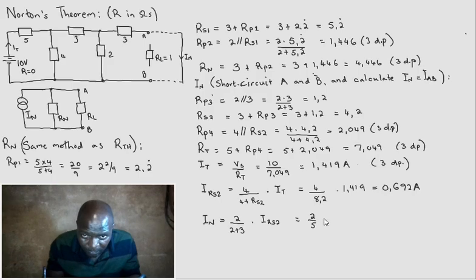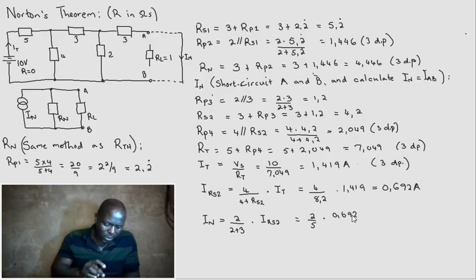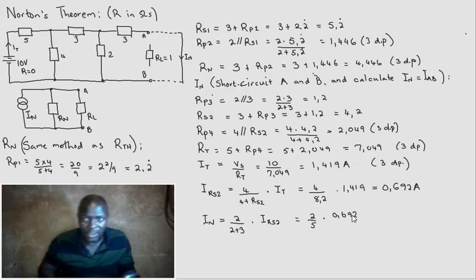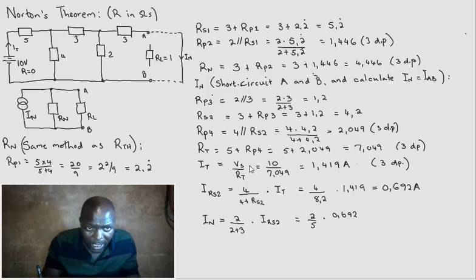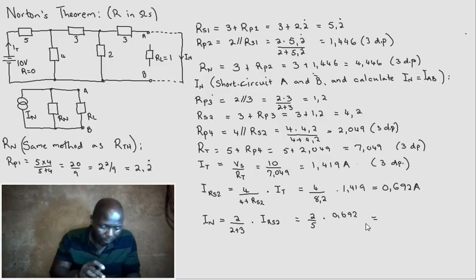times 0.692. Have you stored our answer there? No, we didn't store our answer in F. So our I Norton is going to be equal to this times 2 divided by 5.